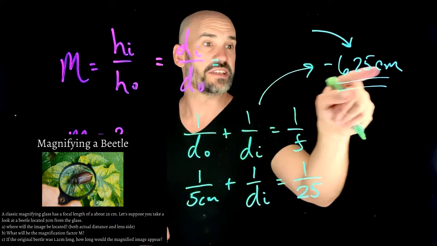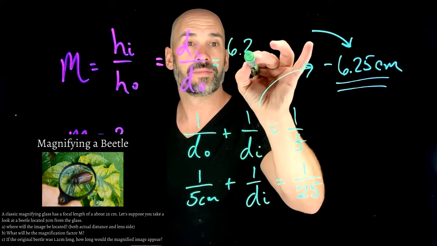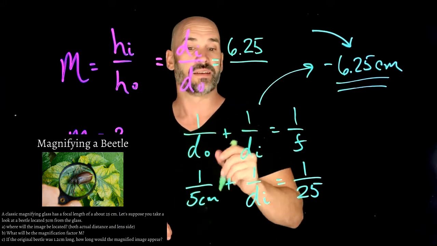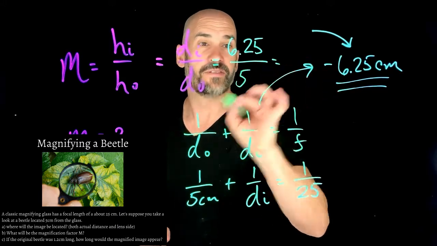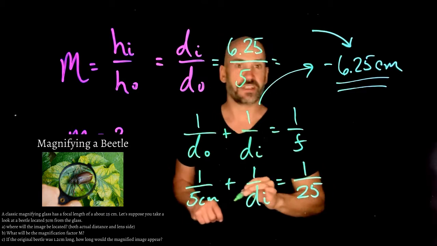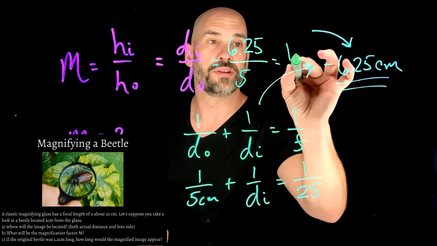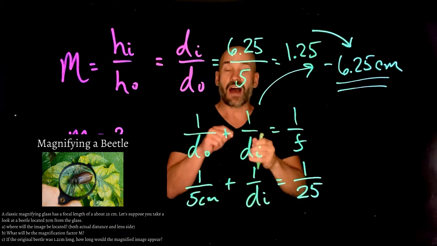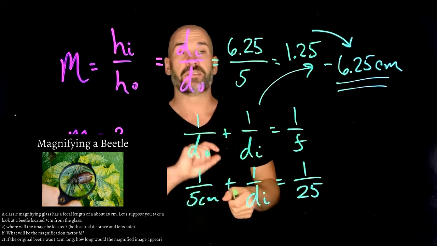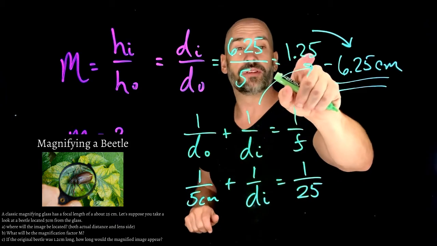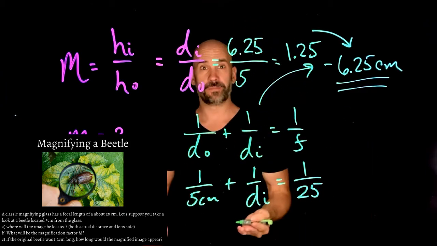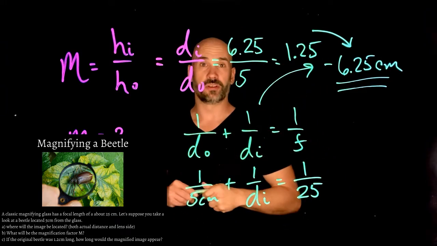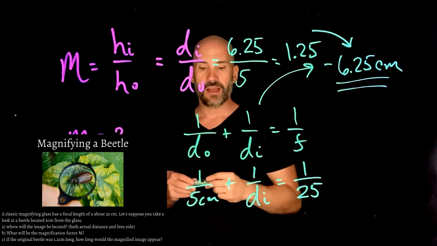The distance of the image is 6.25 in this case, and the distance of the object is 5 centimeters. I divide those by each other, and I just get an M factor of 1.25. So in other words, if I'm looking at any object in this magnifying glass, it's going to appear to be 1.25 times larger, in other words, 25% larger than the original object.